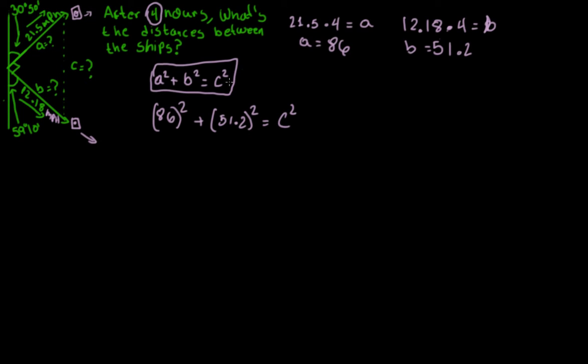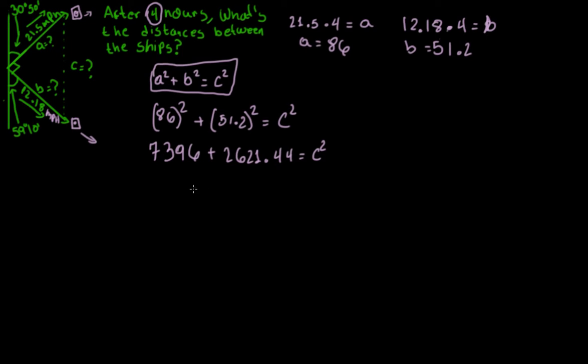So 86 squared is 7,396, plus 51.2 squared is 2,621.44, equal to C squared.